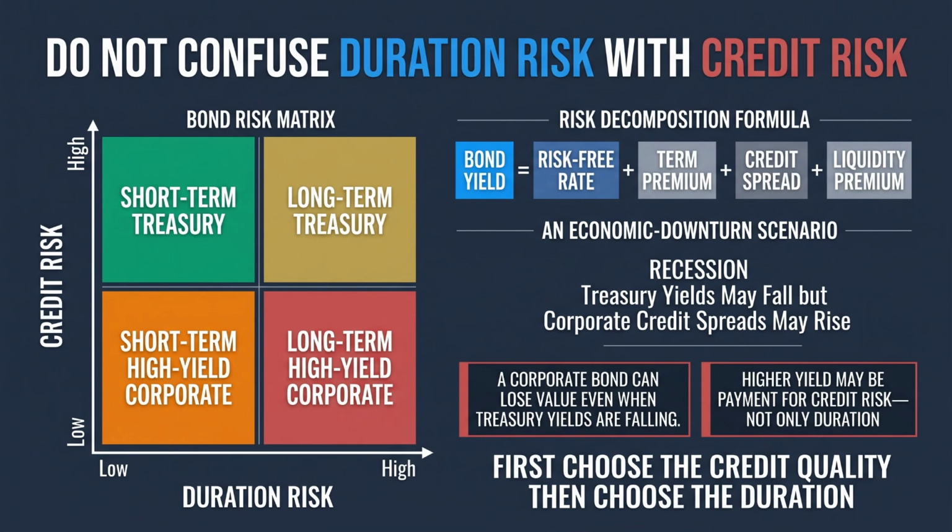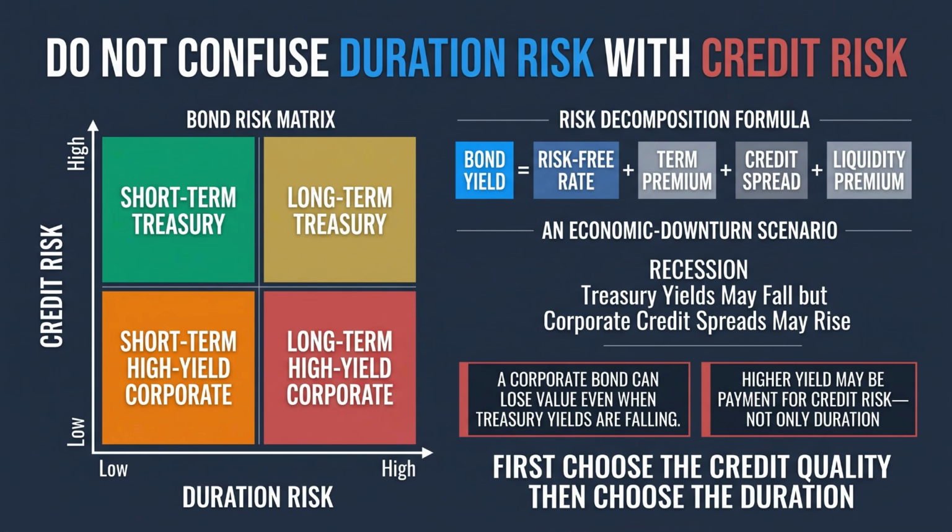A long-term Treasury may still have relatively low credit risk, but its duration risk can be extremely high. A short-term high-yield corporate bond may have less interest rate sensitivity, yet carry significant default and credit spread risk. A long-term high-yield corporate bond can combine both high duration and high credit risk.